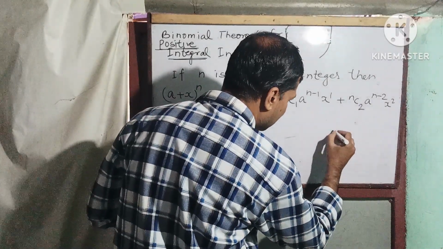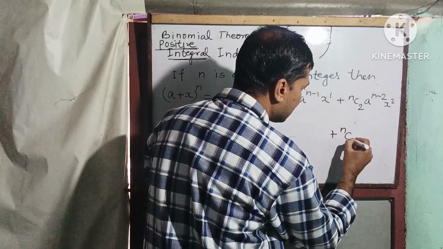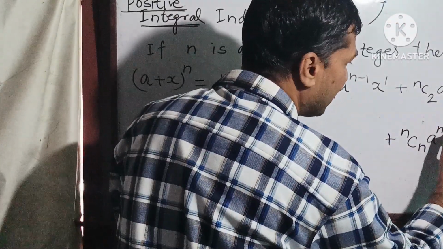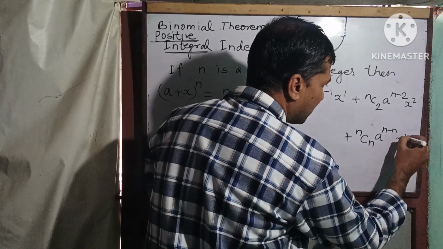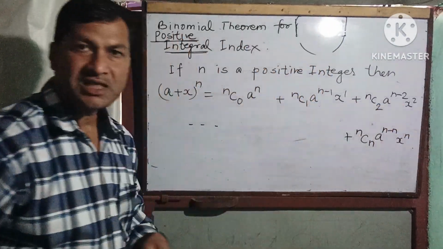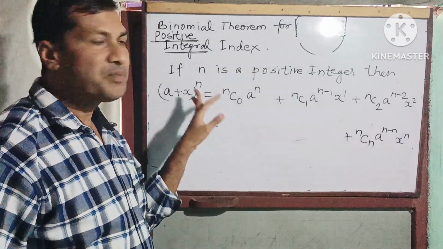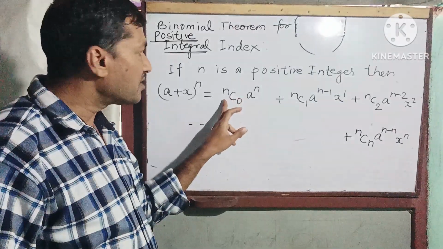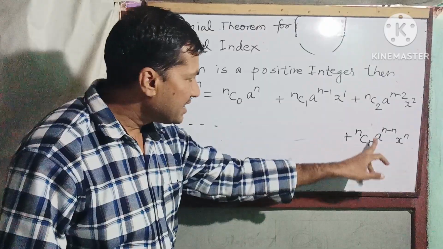The last term is nCn a to the power n minus n, x to the power n. So this expansion is known as the binomial expansion for positive integers. Clear?